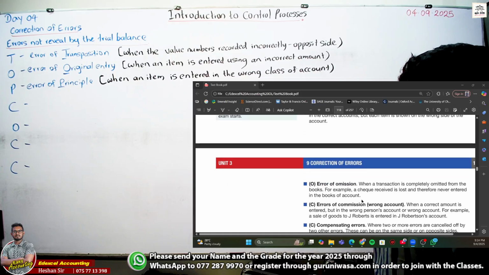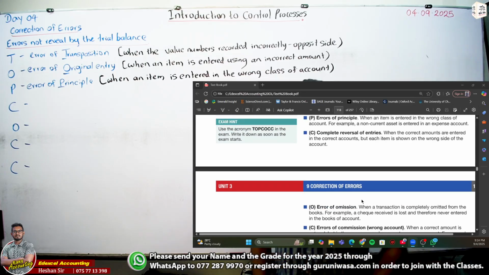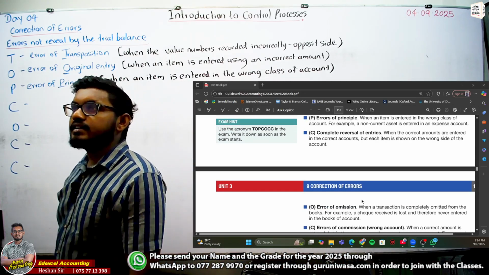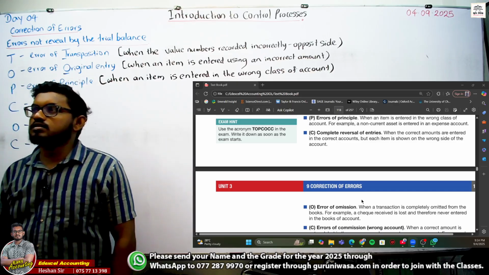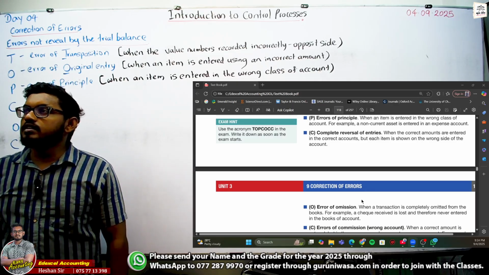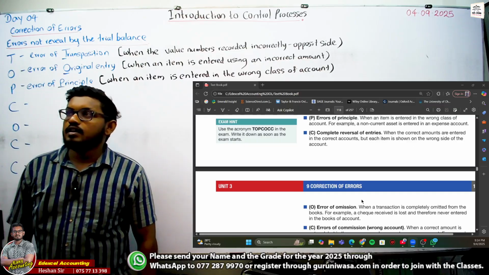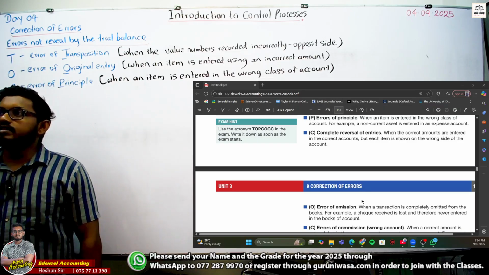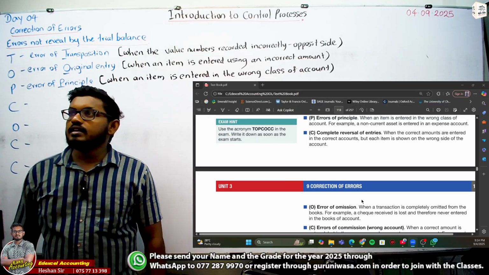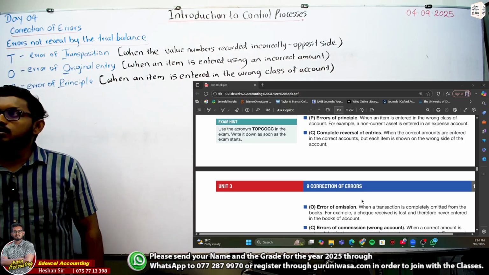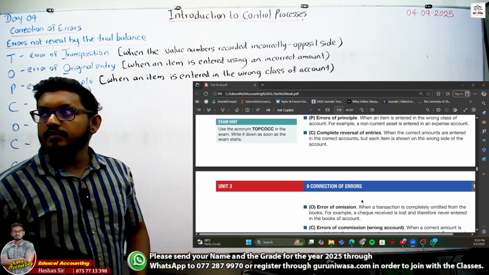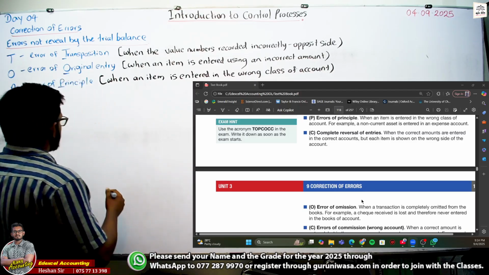complete reversal of entries, which means that the correct amounts are entered in the correct accounts, but each item is shown on the wrong side of the account. Now see, it's like this.